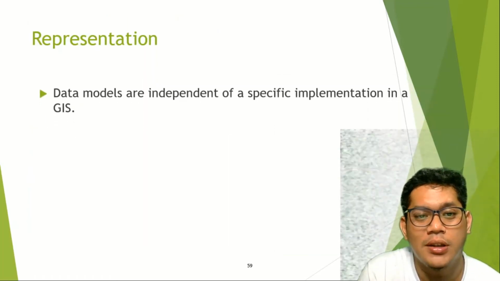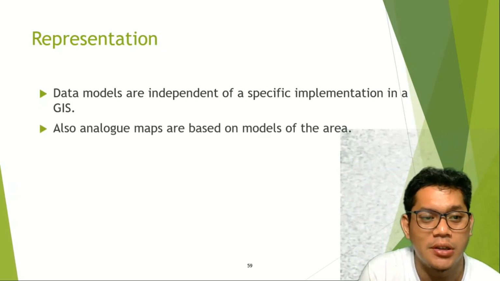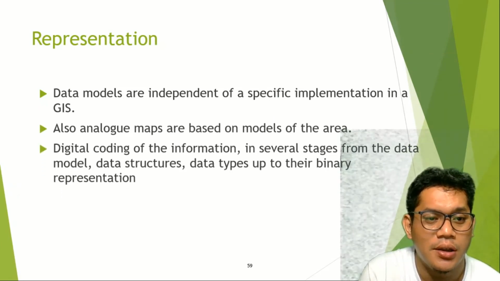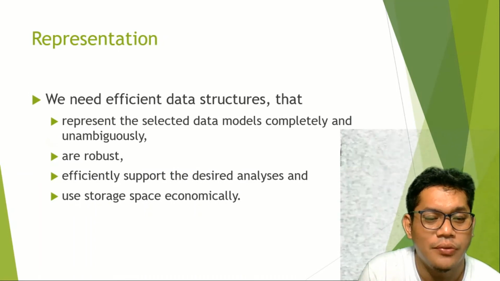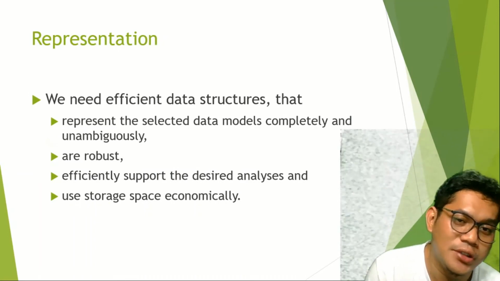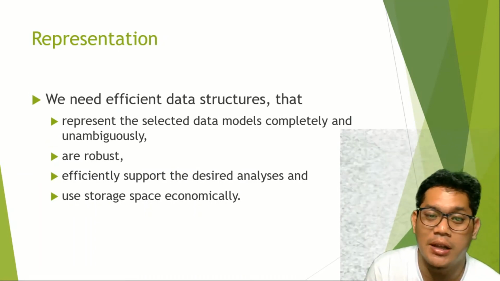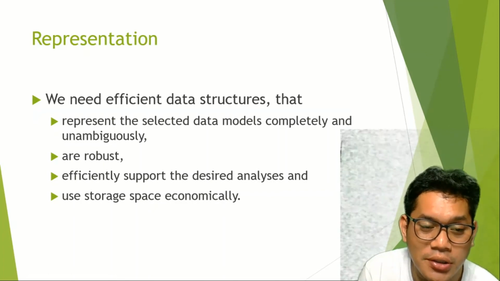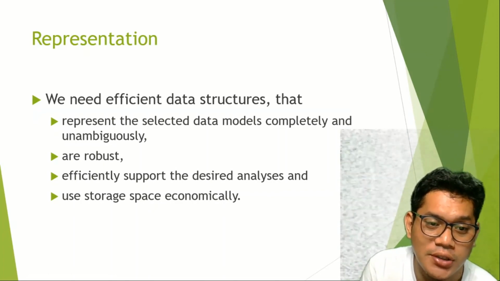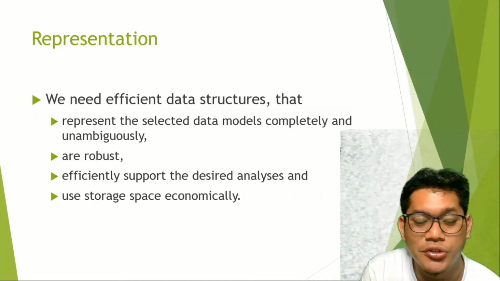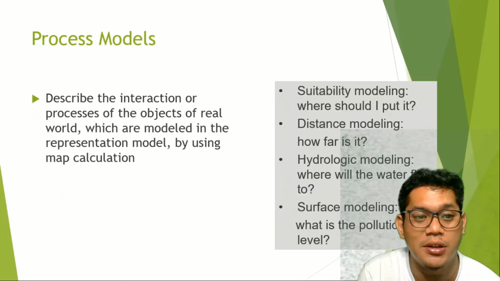So data models are independent of the specific information in the GIS. Okay, and so most of it, we really need efficient data structures because they represent the selected data model completely and unambiguously. It must be robust, efficiently support the data analysis, and use storage space economically.